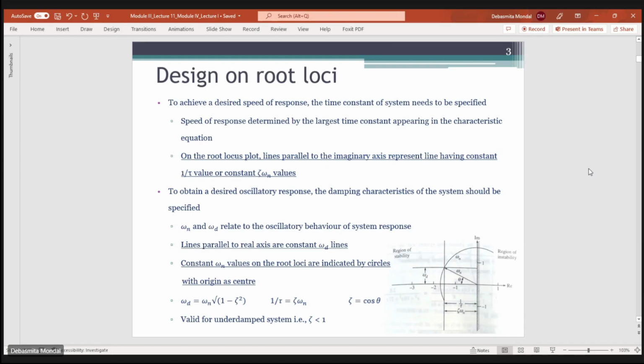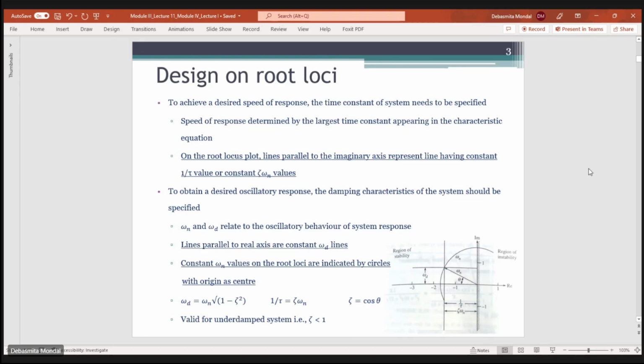Once you have drawn the root locus, you can find different parameters from it. Let's say you have to achieve a desired speed of the response. Then the time constant of the system will be specified.